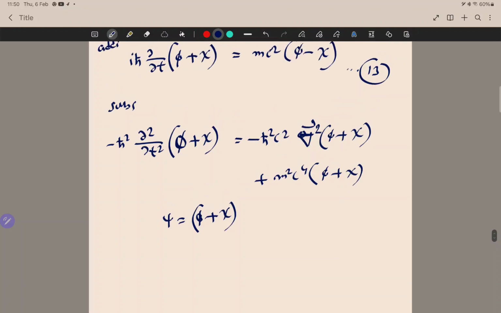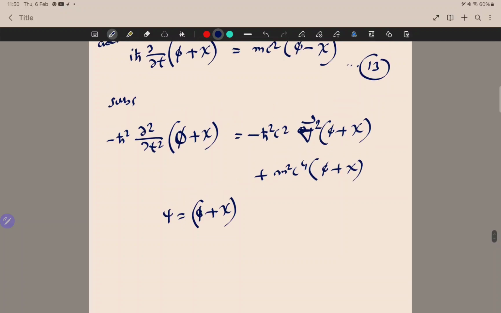So this is equation number 14 and this is equation number 15.